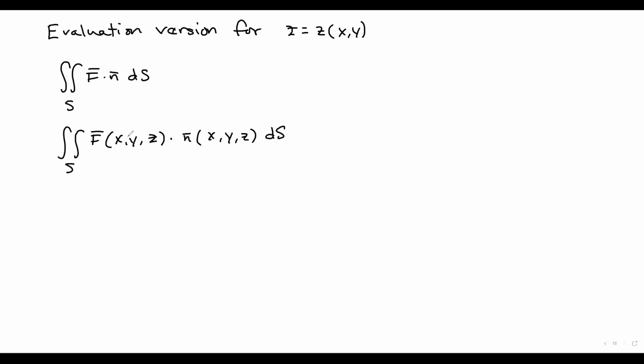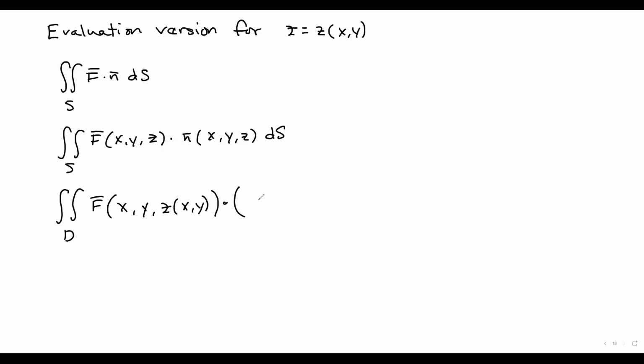And now we're going to change over the variables, so this changes to D. x stays x, y stays y, and for z you use the surface. This part is all the same as the surface integral part earlier. We're going to use the definition we came up with earlier.